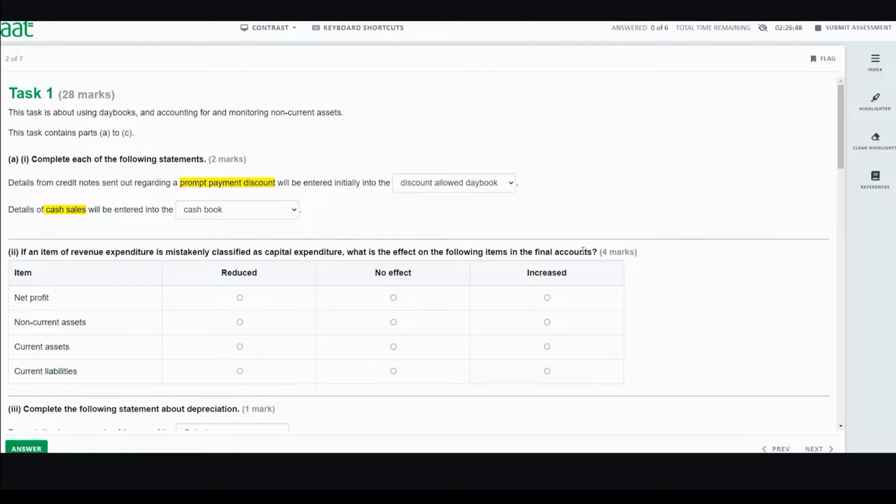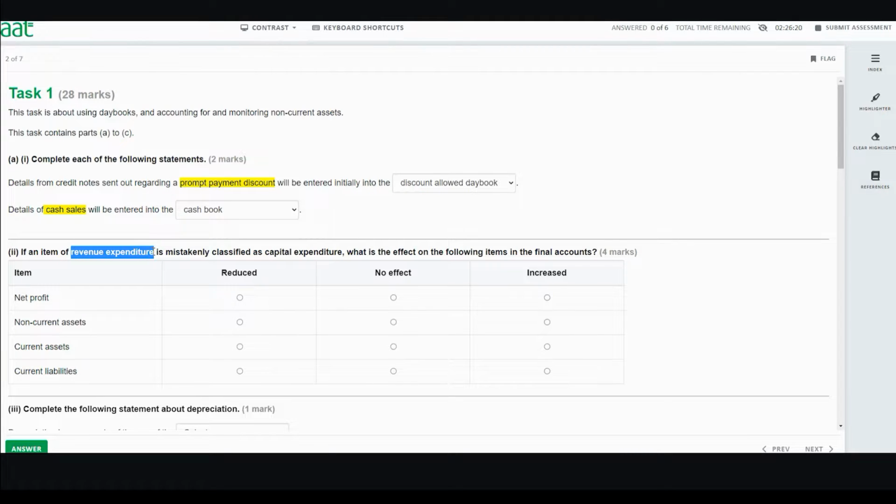Capital expenditure is something that's quite unique, so we're buying, say, a motor vehicle or some new plant and machinery. It's something that doesn't happen that often, but it's used within the business and it's going to last longer than a year.